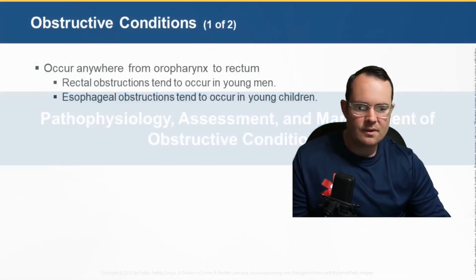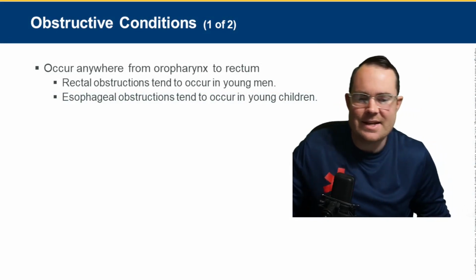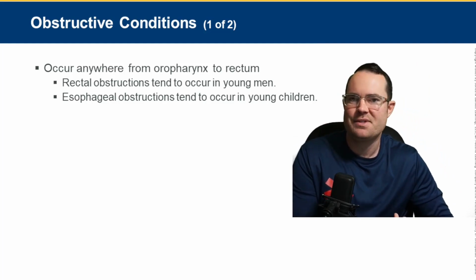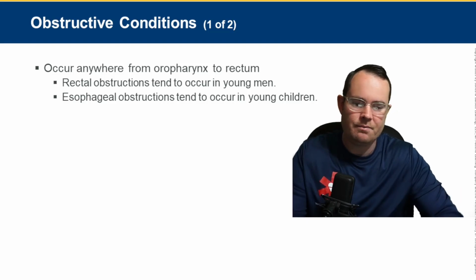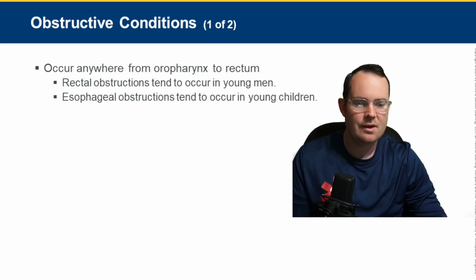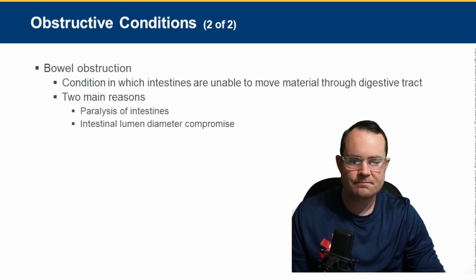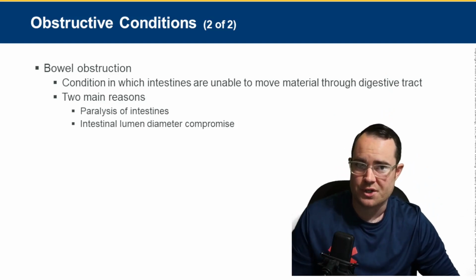Going into obstructive conditions. It says rectal obstructions tend to occur in young men. We're going to talk about the different types. Obviously, young men are more prone to it, and esophageal obstructions tend to occur in young children, more of the choking. Here's what we're talking about with obstructions.